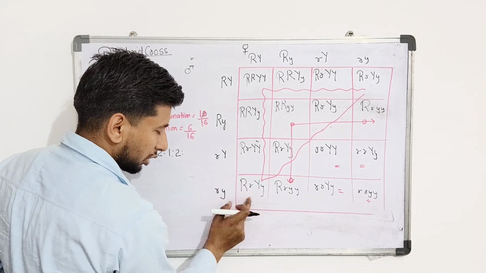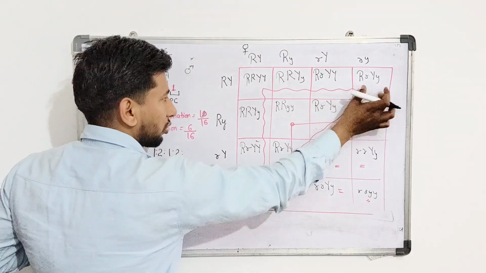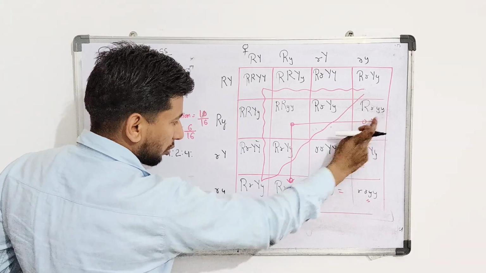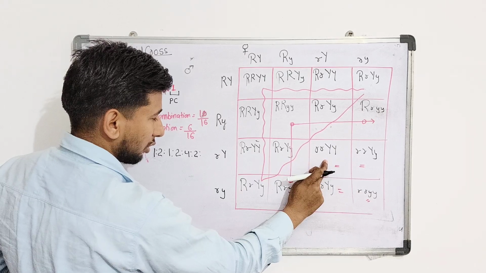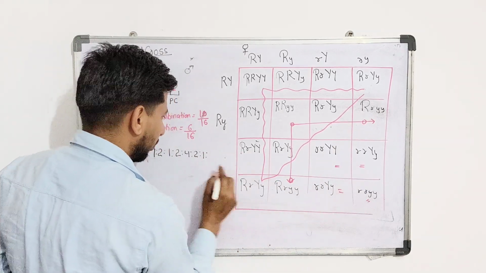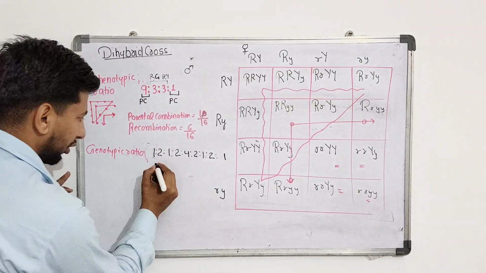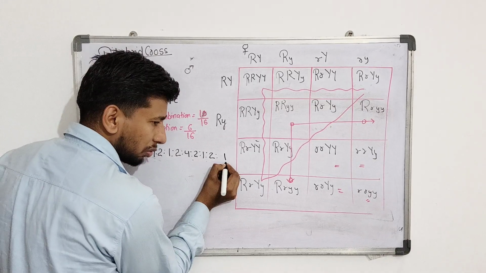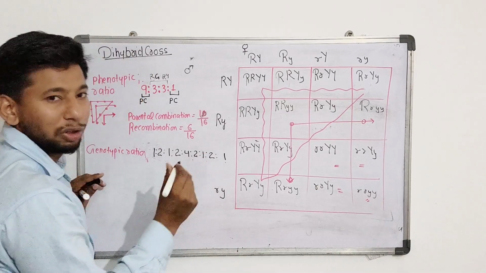These are the 4 in which both are heterozygous. Then 2, then 1, then 2, and the last one is 1. So the genotypic ratio is 1:2:1:2:4:2:1:2:1.